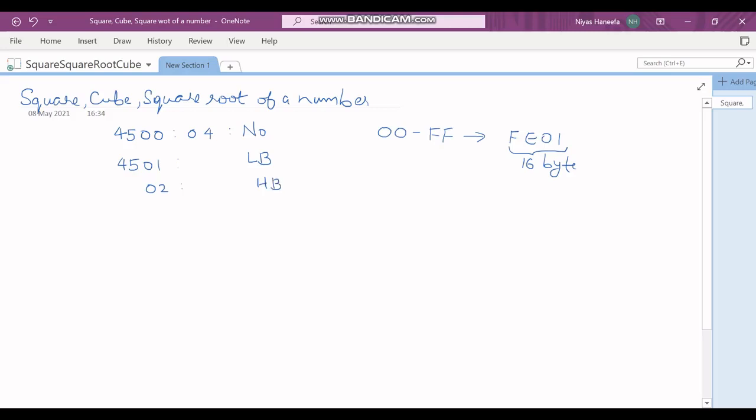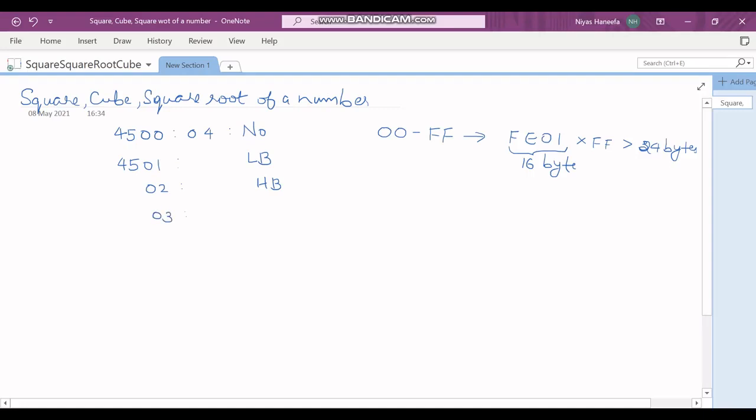Then let us define the output for the cube of the same number. When we are defining the cube, there is a problem. If I am giving FF, FE01 into FF, again the result will be greater than 16 bits. We might have to save the result in maybe 24 bits, which would be difficult to process. So we'll assume the cube result is also inside 16 bits. That is our assumption for this program.